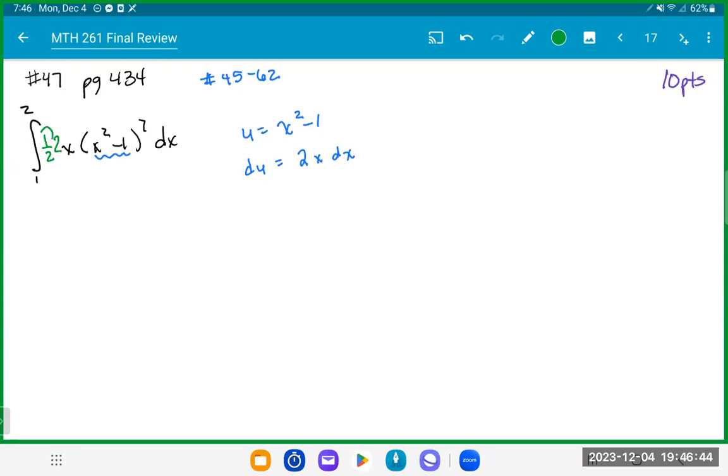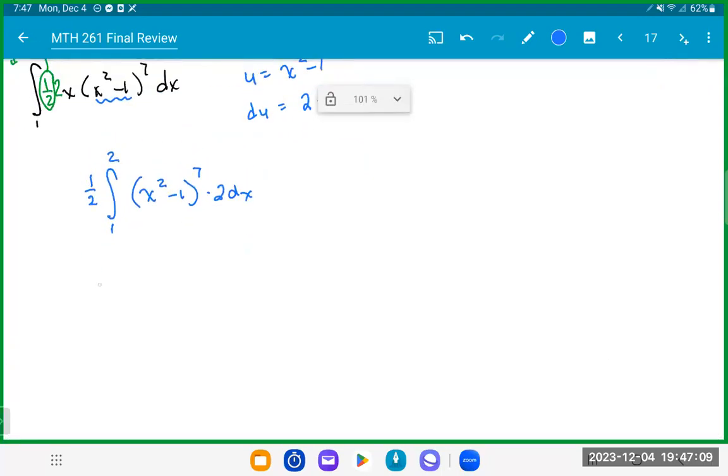But now I can move this 1/2 to the outside. So that gives me 1/2 the integral from 1 to 2 of x squared minus 1 to the 7th times 2 dx. Okay, so this is the same as saying 1/2 the integral from 1 to 2 of u to the 7 du.